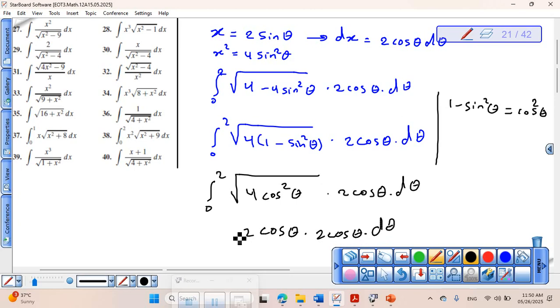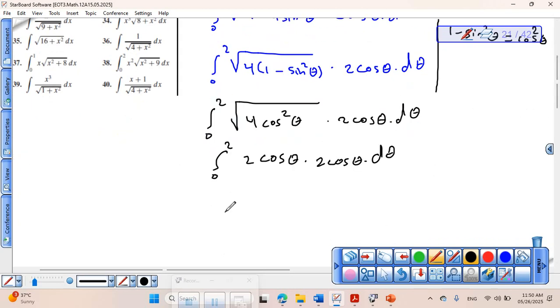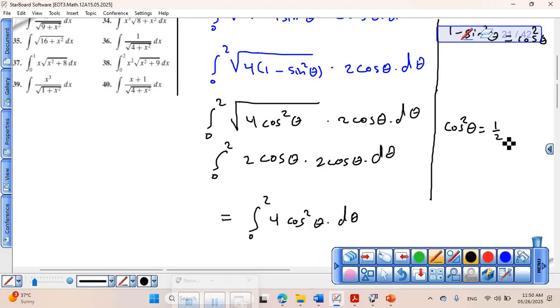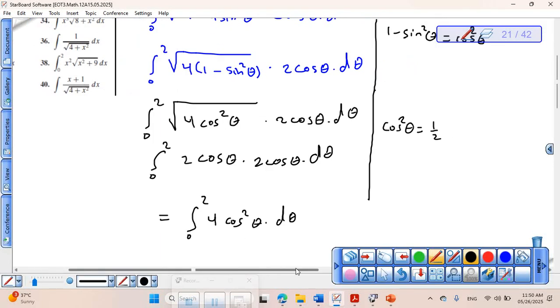It's easy now to find this. This equals the integration from 0 to 2 of 4 cosine squared theta d theta. Remember that cosine squared theta equals half of 1 plus cosine 2 theta.